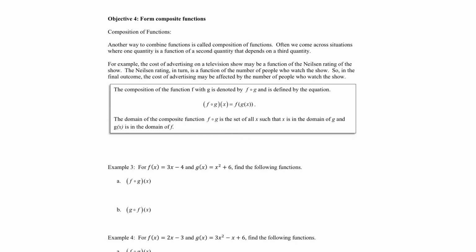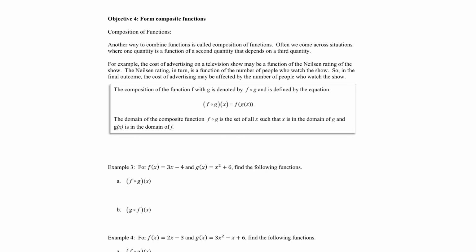Another way to combine functions is called composition of functions. And often we come across situations where one quantity is a function of a second quantity, and that depends on a third quantity. And the example from our textbook involves Nielsen ratings. For example, the cost of advertising on a television show may be a function of the Nielsen rating of the show.